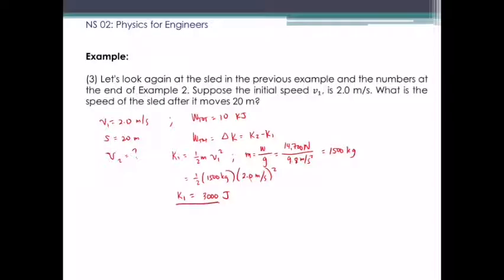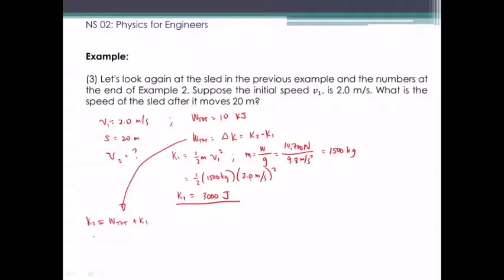Now to get the K2, from this formula, therefore your K2 is the total work plus K1, no?